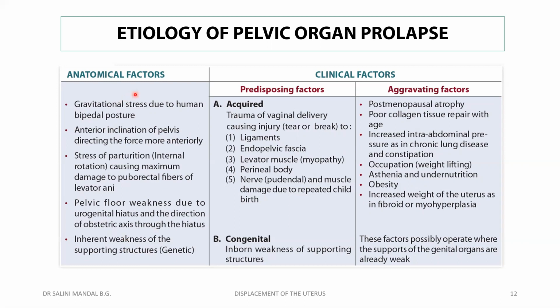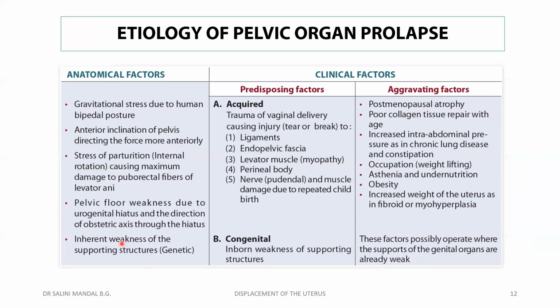Okay, so these were the anatomical factors. Now, one more thing I want to say is that when there is overstretching of the endopelvic fascial sheath, there can be a prolapse. Now coming to overstretching of the perineum. Basically, whatever we are talking about in these factors is due to the injury caused.